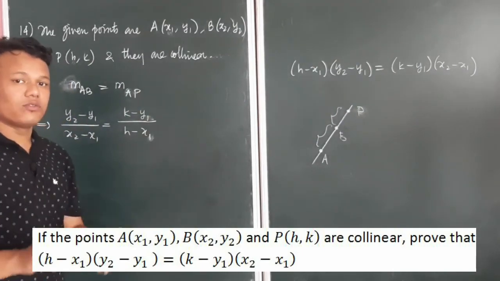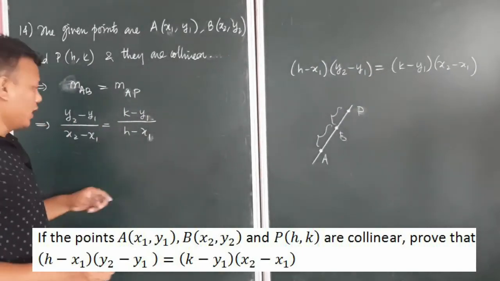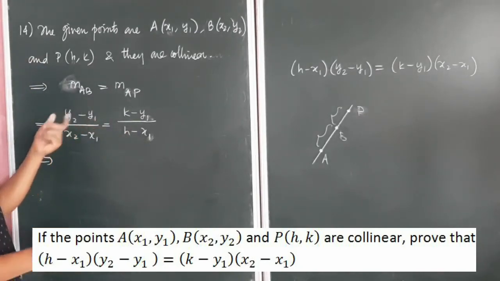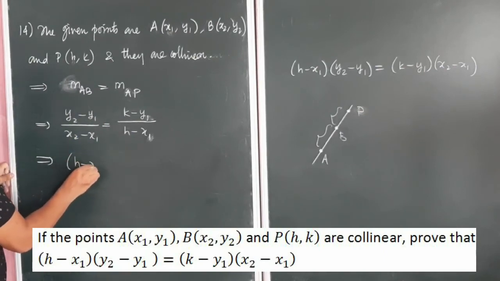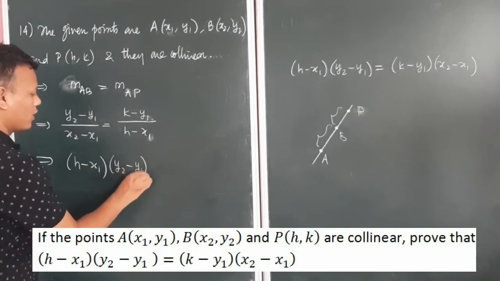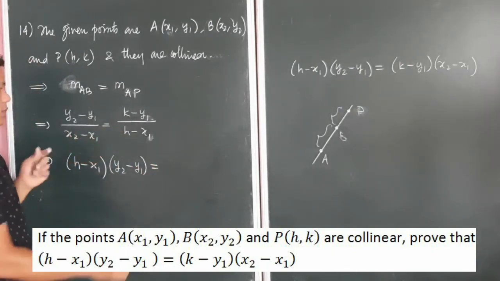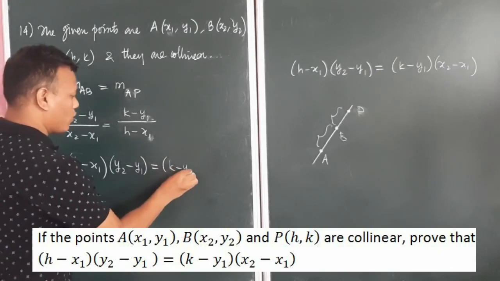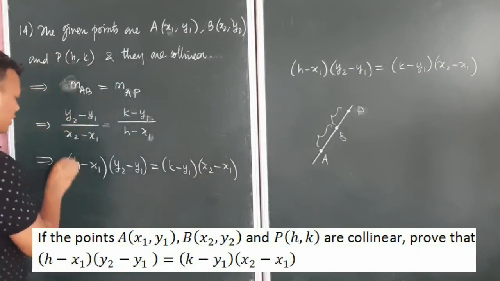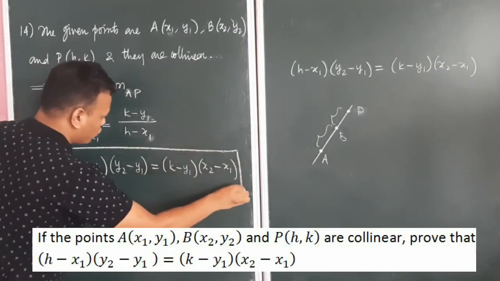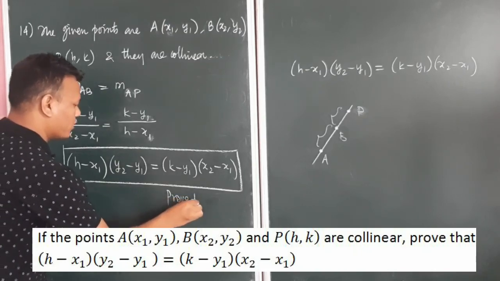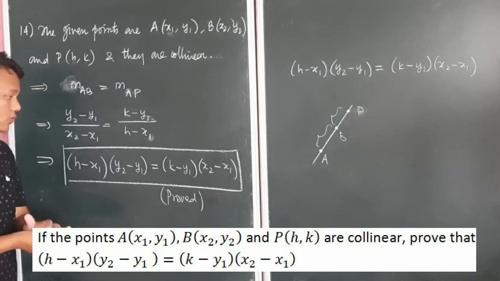Alright, so you have to be very careful when you do this. Let us do the cross multiplication. So from here this and this get multiplied, so we have h minus x1 into y2 minus y1 equals, again these two get multiplied, so we have k minus y1 into x2 minus x1. So this is what we needed to prove. So we have successfully proved it. Alright, so you may pause the video to note down.